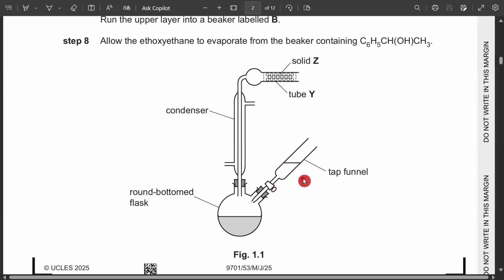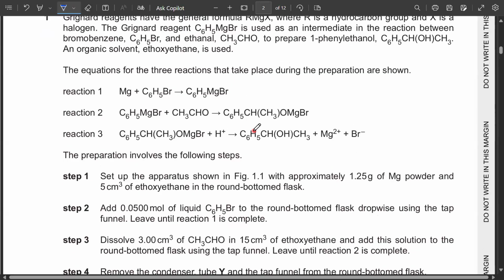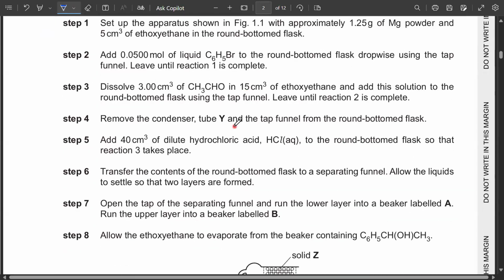If you remember, the burette has a similar type of picture. I'm just considering the lower bottom end of the burette. Okay, so this is diagram 1.1.